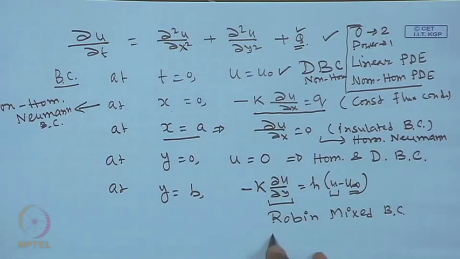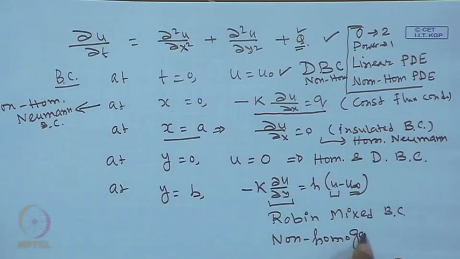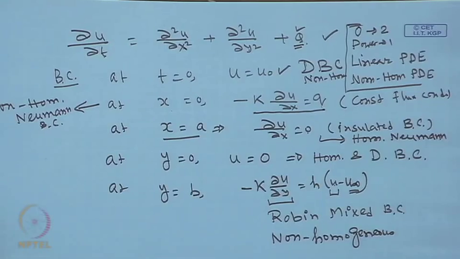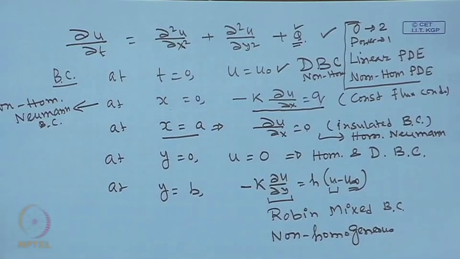So, this is a non-homogeneous Robin mixed boundary condition. In this example we have seen that boundary conditions can be homogeneous or non-homogeneous, Dirichlet, Neumann, or Robin mixed, and all these boundary conditions can occur at the same time for the same problem. Okay. Next, we classify the partial differential equation.